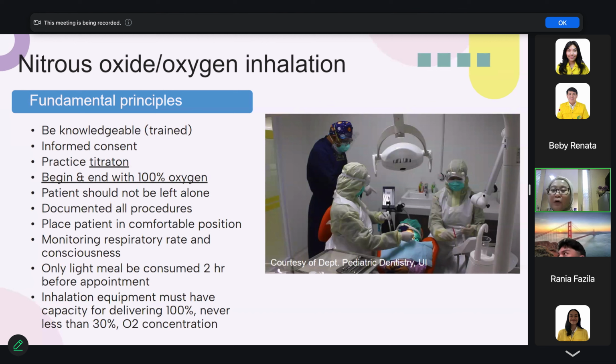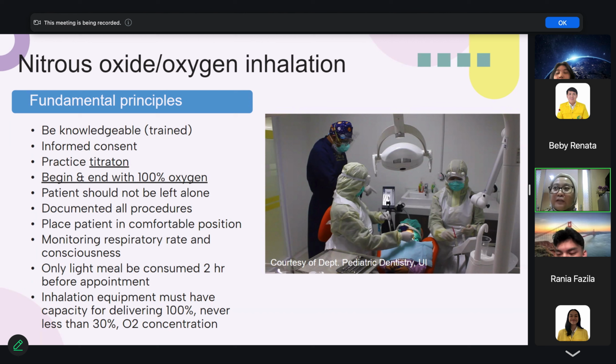Why? Because this is conscious sedation. It means the patient is relaxed but not sleeping. He or she is still awake and must respond verbally. So during the treatment, you need to ask the patient and the patient can respond.